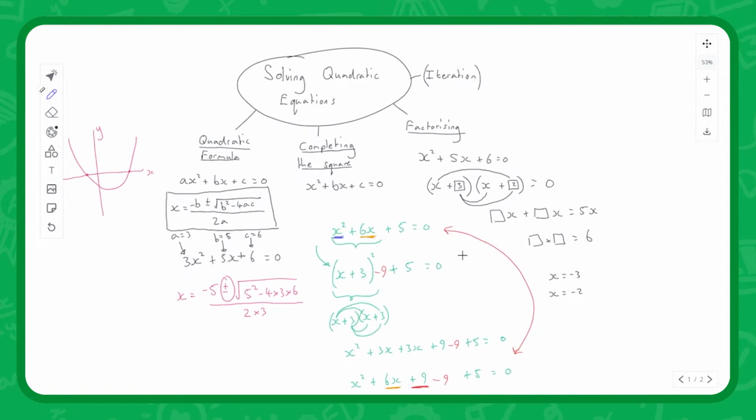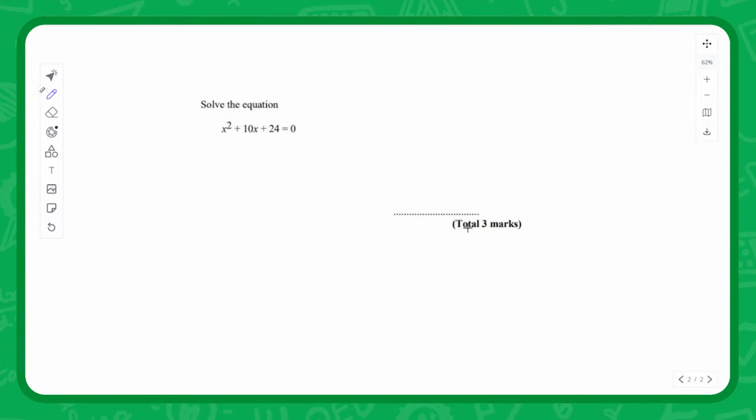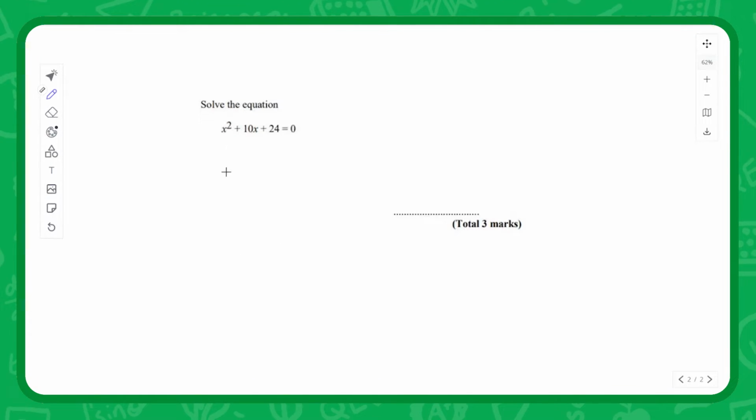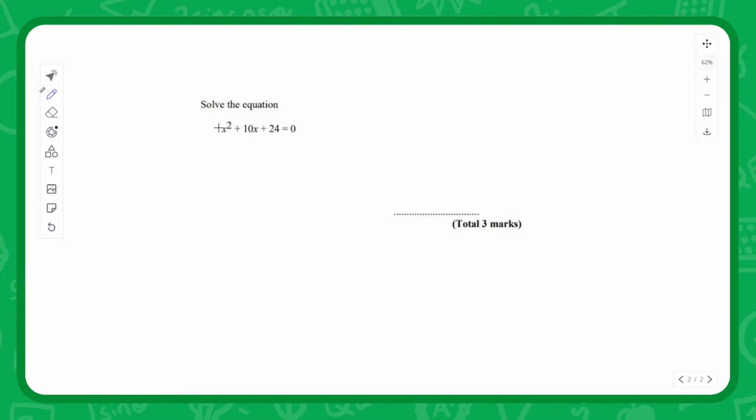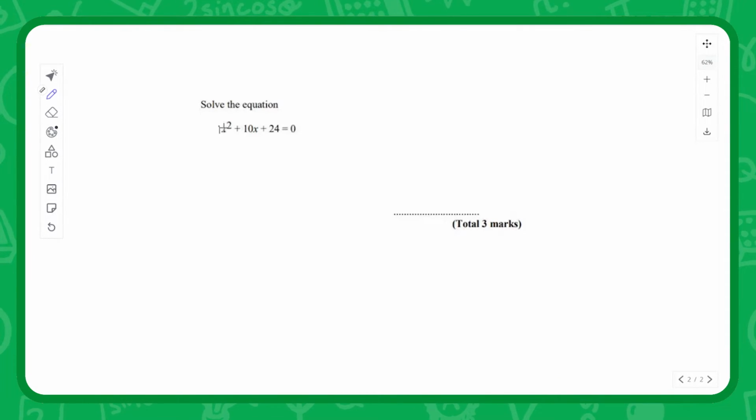So that's a brief intro to all of our three main topics on solving quadratic equations. Let's go and look at one example. So let's do this with the quadratic formula. In this case, I'm going to imagine there's basically a 1 in front of this x squared, right? This is the same as multiplying it by 1.